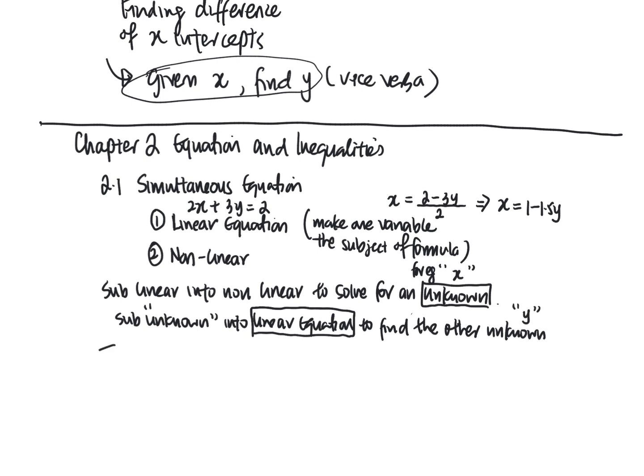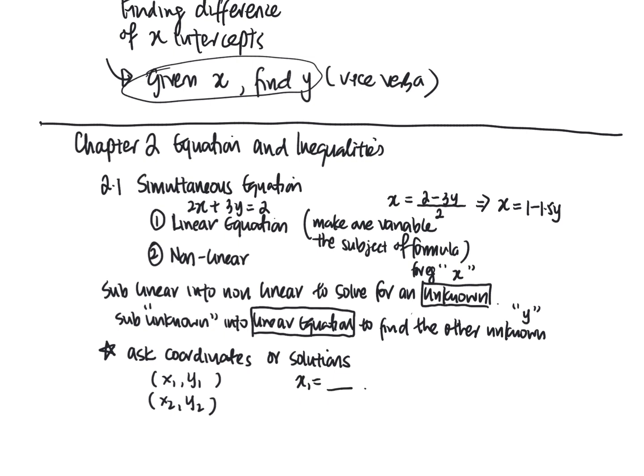Okay, always pay attention if the question asks for coordinates or just solutions. So if they ask for coordinates, give me answer like this. Okay, if they ask for solution, you just have to write like this.